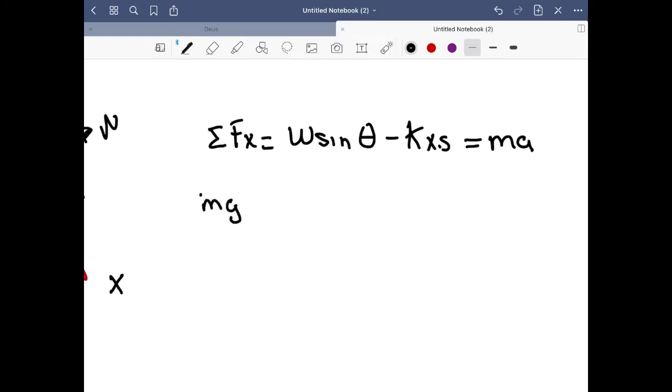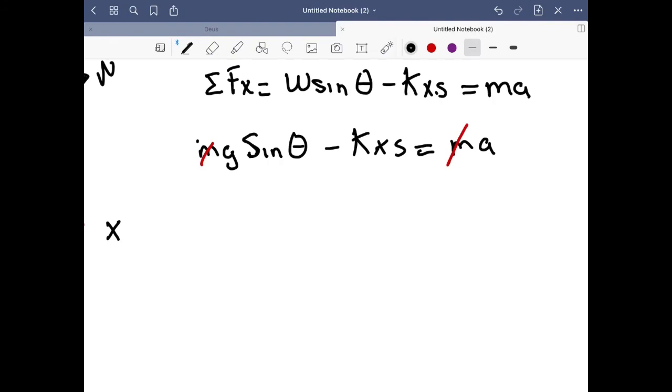So the sum of the forces will be equal to k times d minus mass times gravity times sine of theta, and that is equal to mass times acceleration.